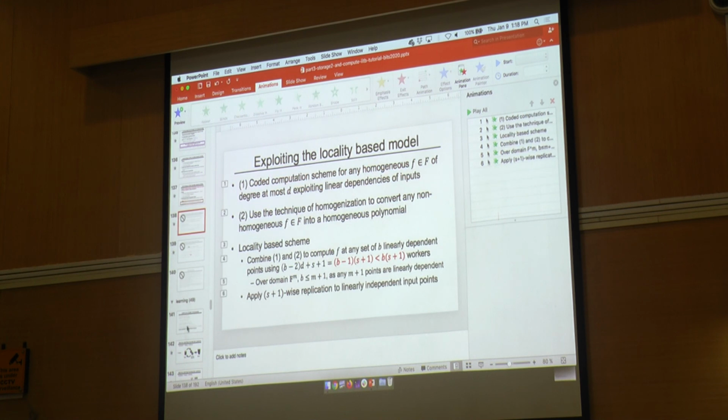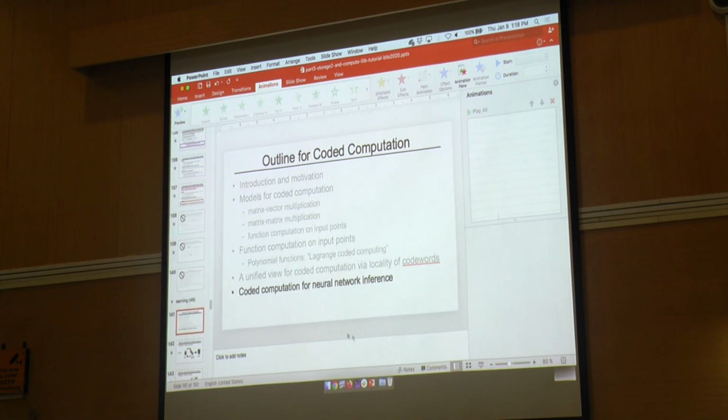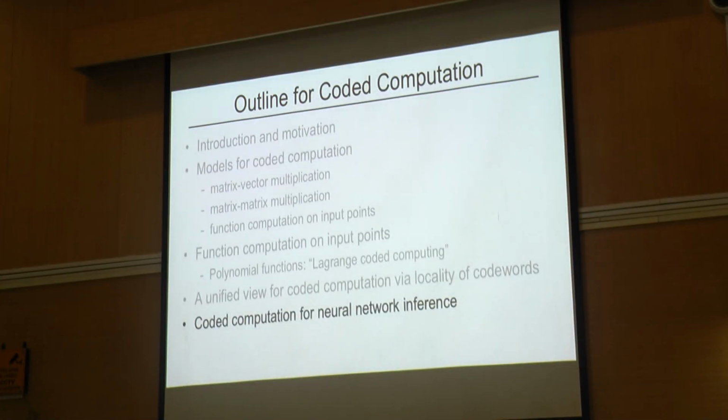So in the interest of time, I will leave that and quickly rush through, at a very high level, coded computation for neural network inference, because I think it is a very interesting area, because neural networks are highly nonlinear functions. So currently in the coded computation theoretical side of things, there are no ways to handle it.